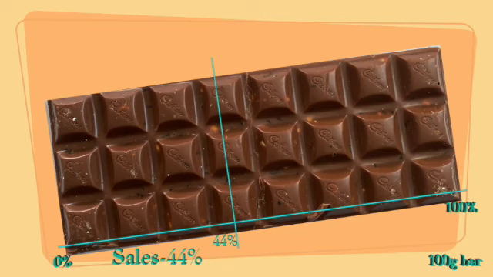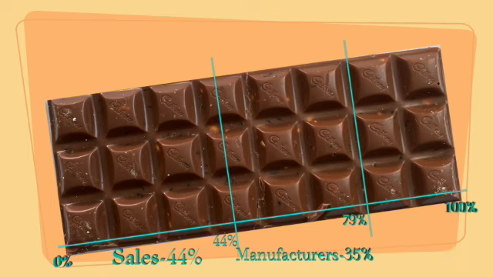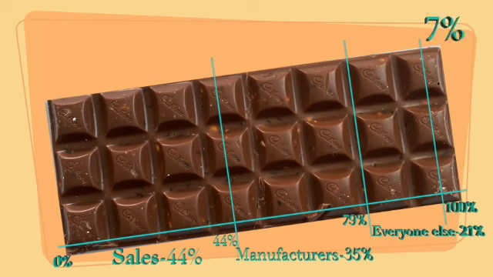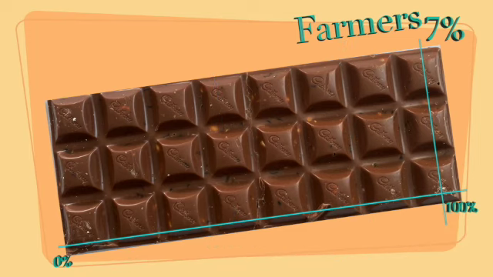That's right, it's sales at 44%. Then if we add another line right over here at the 79% mark, 35% gets awarded to manufacturers, leaving only 21% for everyone else. But if we add another line, that 7% remaining, that is what goes to farmers. Thanks for playing, farmers.